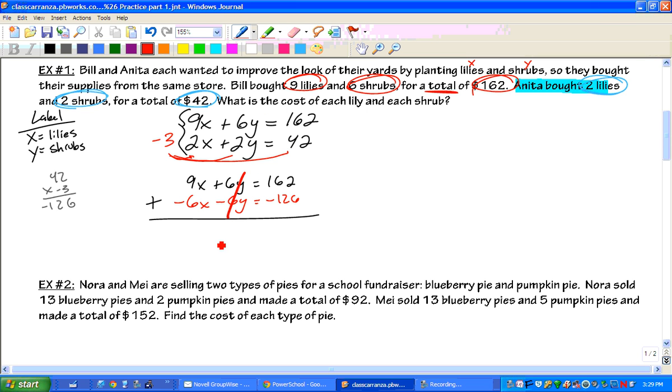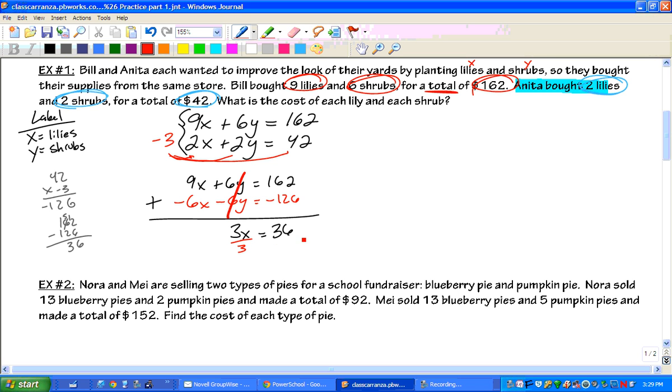So your y's cancel. We get 3x equaling, once again, side work, 162 minus 126. If you need to borrow, 12 minus 6 is 6, 5 minus 2, so we get 36.